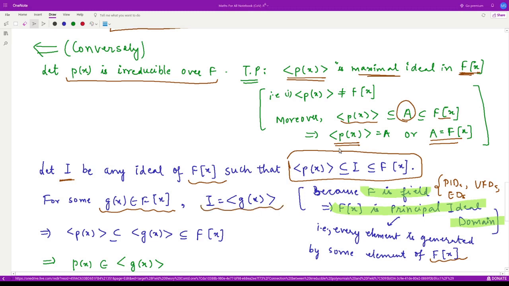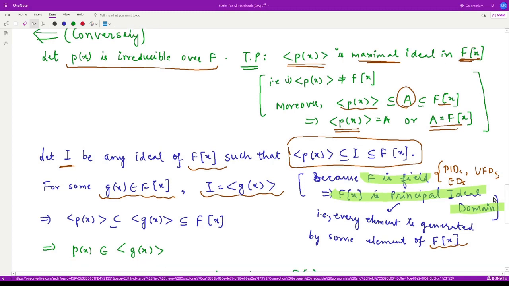So the condition now becomes: the ideal generated by p(x) is contained in I, and what is I? I is the ideal generated by g(x), and it is contained in F[x], right? And moreover, we are given p(x) is an irreducible polynomial.